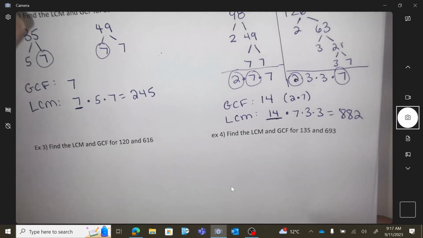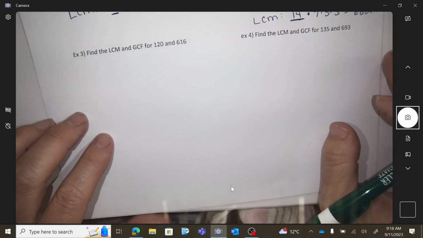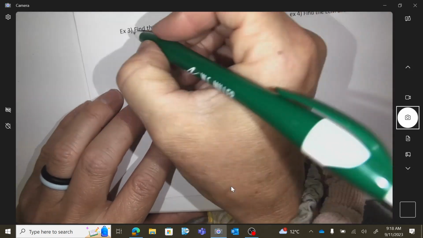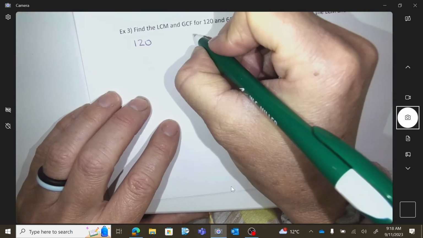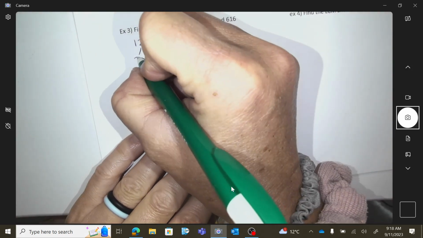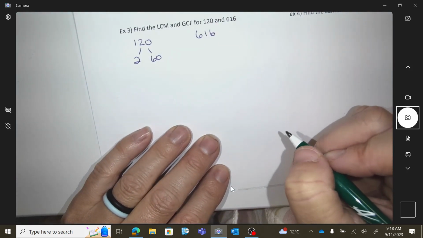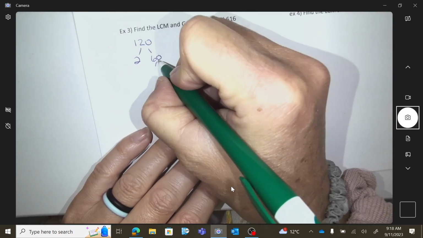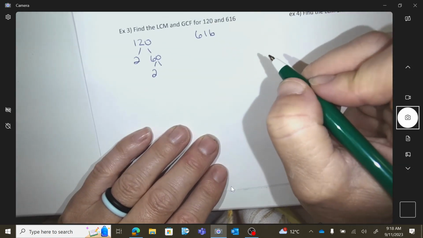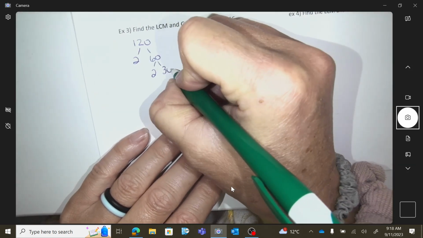Okay, let's do one more. I have 2 more here, but I don't really want to do 2 more. Let's do one more. 120 and 616. So, divisible by 2, yes. 2 times 60. 60, yep, that's divisible by 2. 2 times 30.